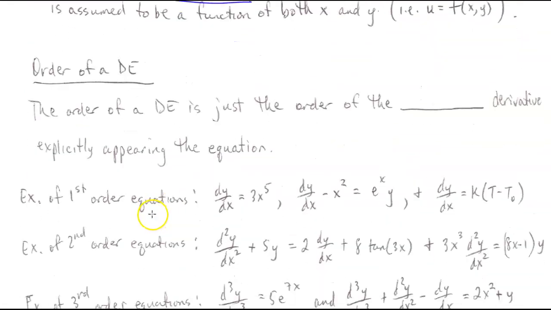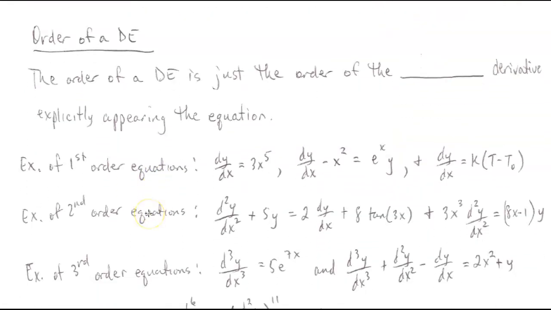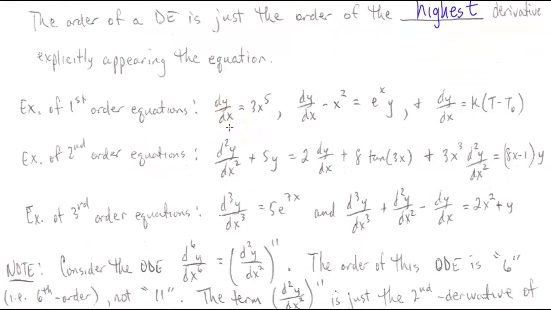All right. So the order of a differential equation is just the order of the highest derivative explicitly appearing in the equation. As an example, all of these examples here are what we call first order differential equations, where the highest derivative of any term in the equation is a 1.